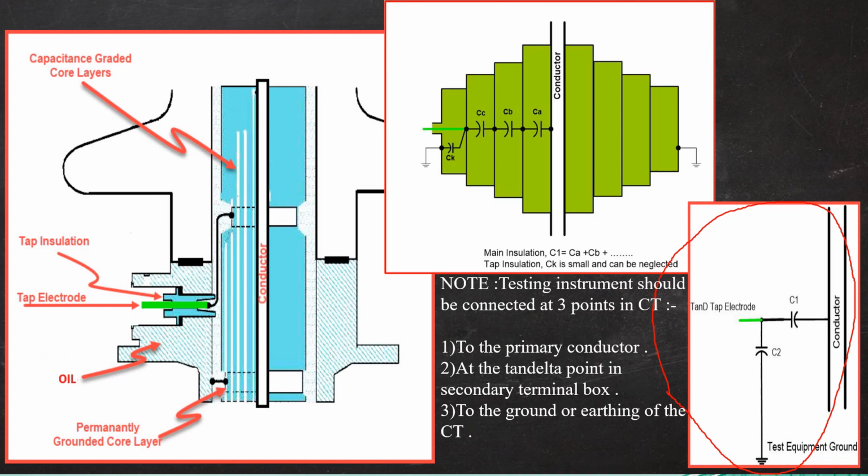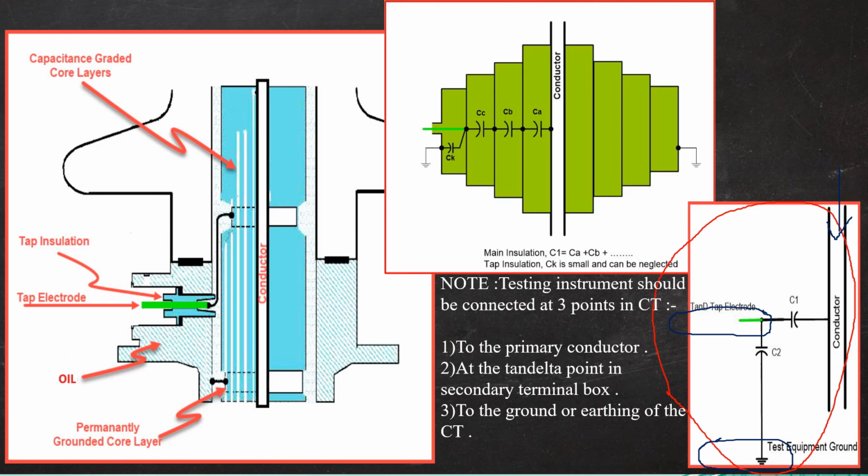The first one should be connected to the conductor, this point, where the conductor is nothing but the primary conductor of a CT. The second point will be at the tapping that is being provided in the secondary terminal box, which is nothing but the tan delta point. And the third point that we require to connect in the CT is the ground, where the CT is being grounded or earthed.